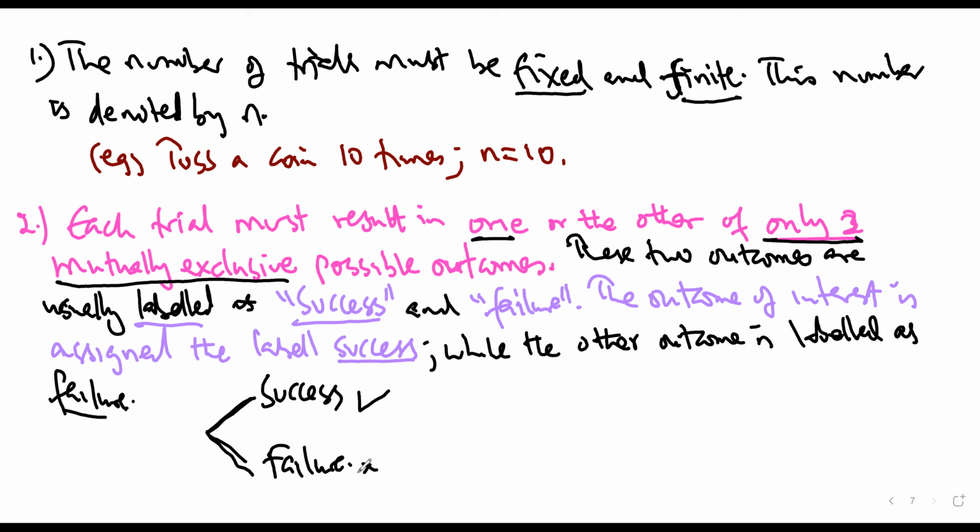Then the third condition that must be satisfied for any distribution to be called a binomial distribution is that the probability of the success outcome occurring remains the same throughout the experiment. It remains the same in all the trials. So that's our third condition.